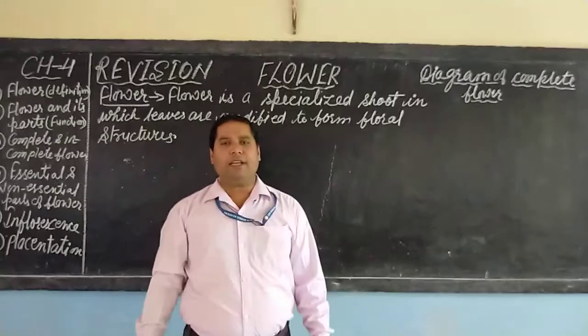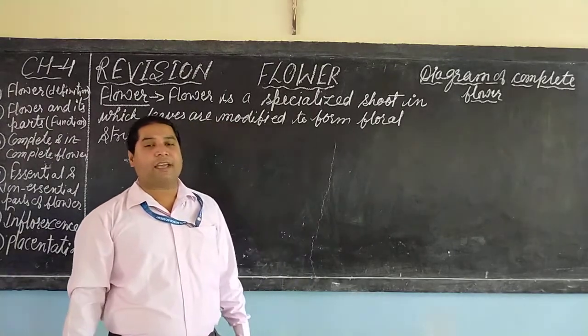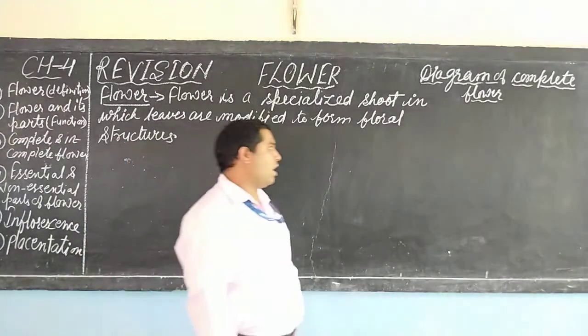So dear student, this is the definition. Flower is a specialized shoot in which leaves are modified to form floral structure. Let us see the diagram of a complete flower.